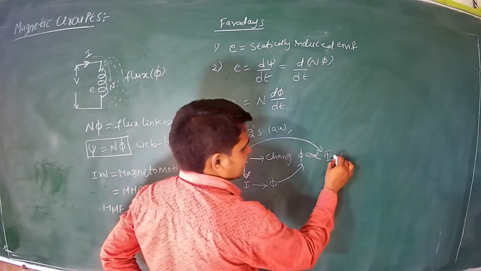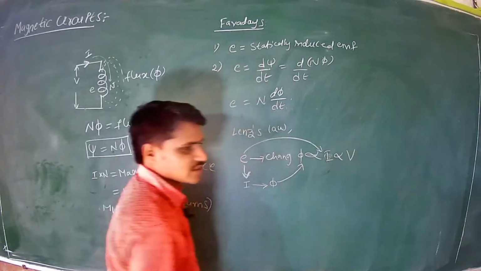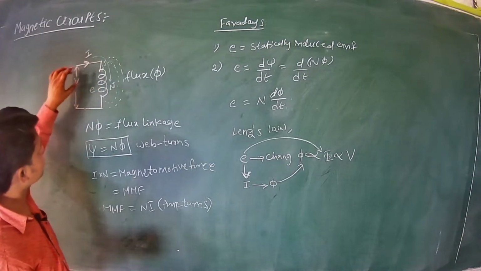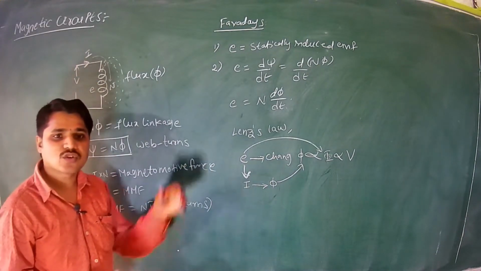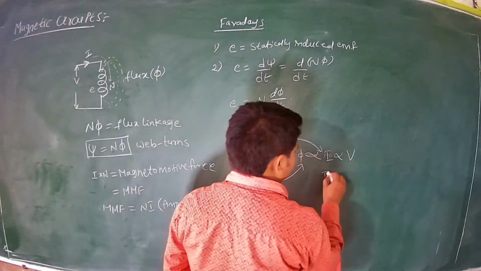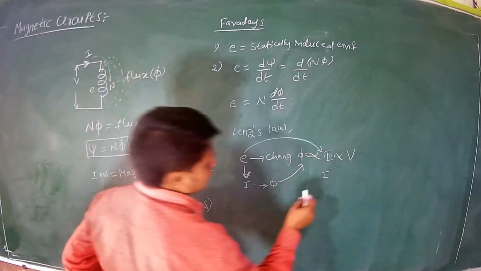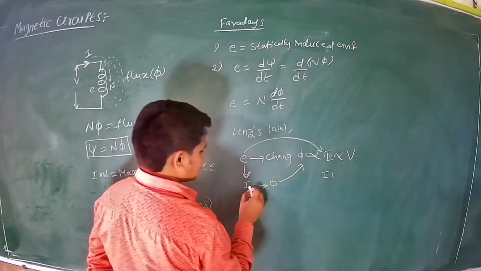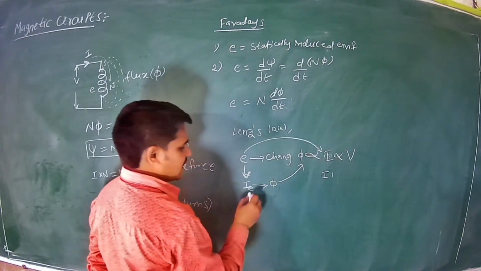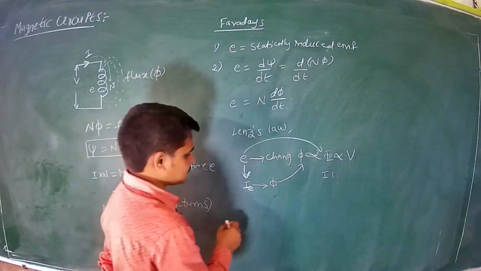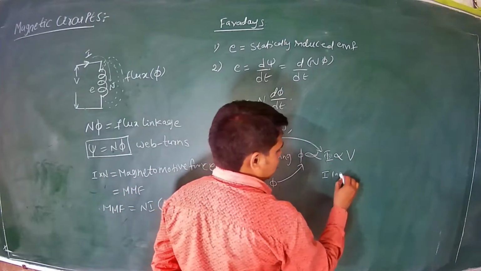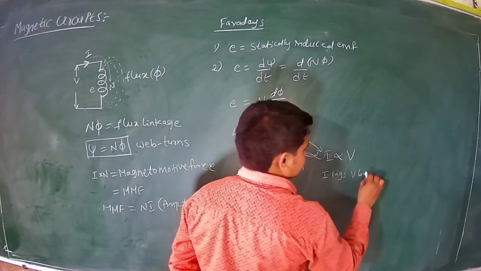But this supply current depends upon the applied voltage. For an inductor, what is the relation between voltage and current? Current lags the voltage by 90 degrees. Let us say the supply current is I, and the current due to the EMF is I_E. So I must lag the voltage by 90 degrees.